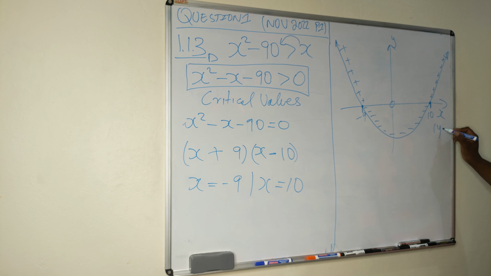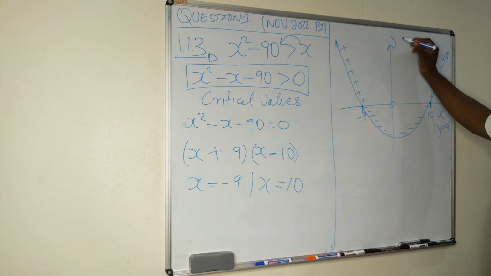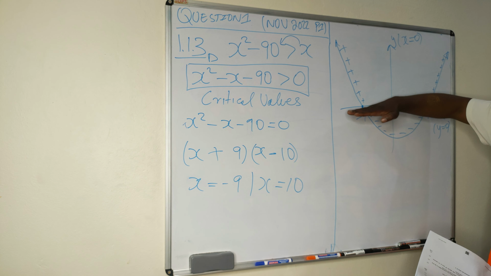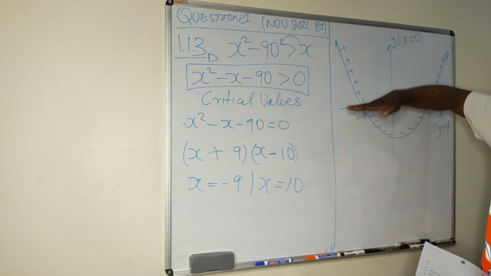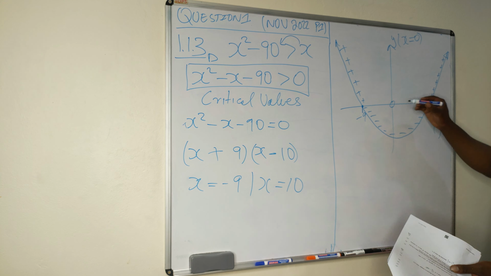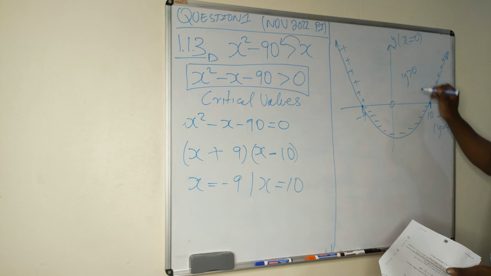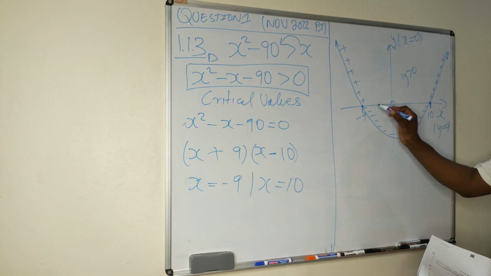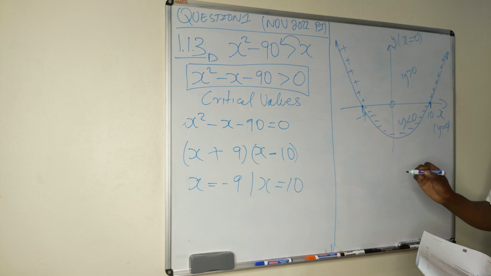X-axis or line y is equal to 0. This is the y-axis or line x is equal to 0. So here my y is equal to 0. Above here is positive, here is negative, right? So above here y is greater than 0. Here y is less than 0, below. And here on this line y is equal to 0.